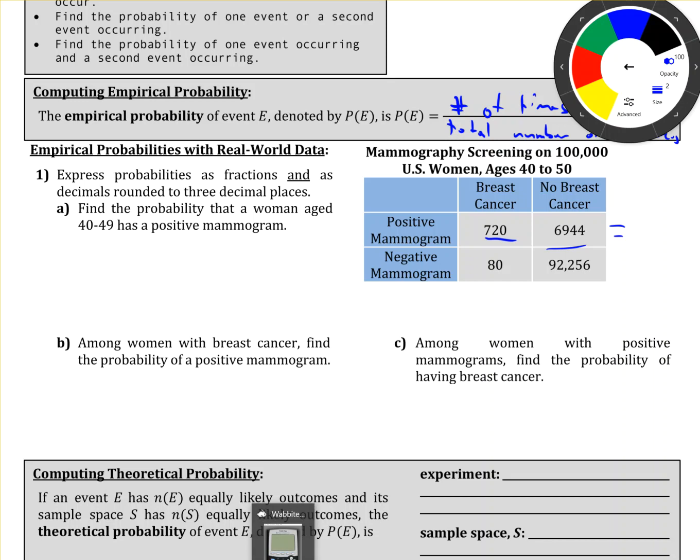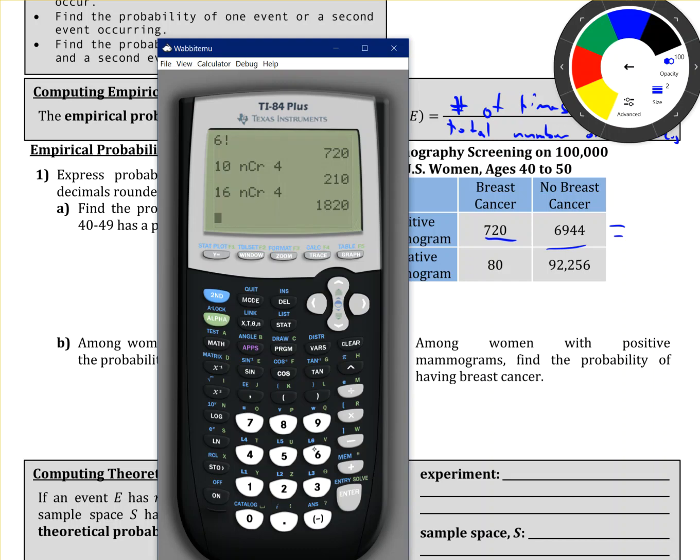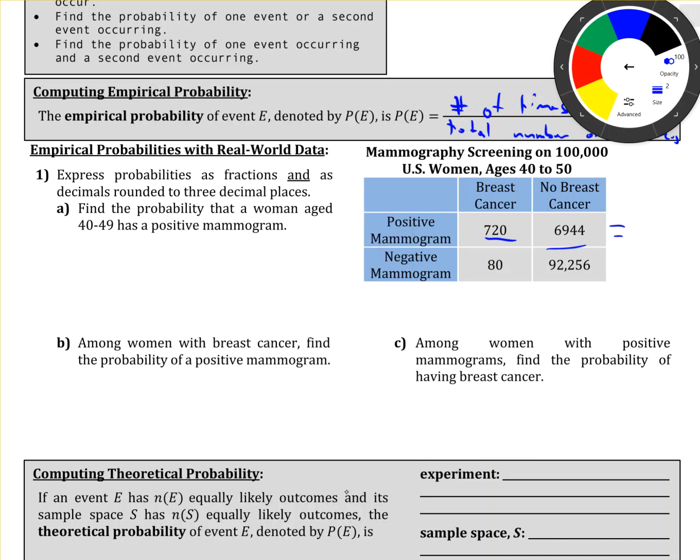So we can just do 6944 plus 720. We're going to have 7664. And then we're going to divide by 100,000. So basically, if I divide by 100,000, I move the decimal spot over 5 places. So I get 0.07664.